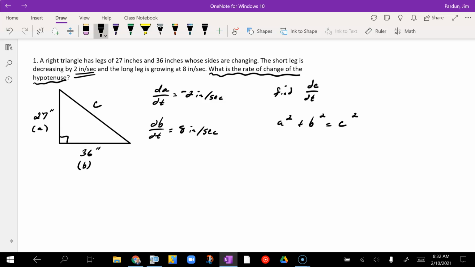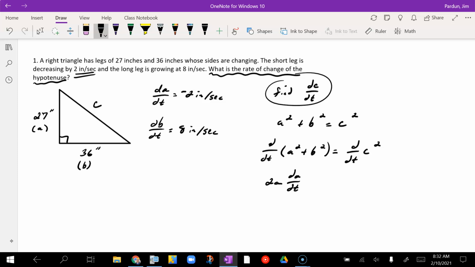And if I want to find dc/dt, then I'm going to have to take the derivative of both sides of this equation with respect to t. So this is where the implicit differentiation comes in. When I take the derivative of a squared, that's going to be 2a, but I need to account for the dA/dt.